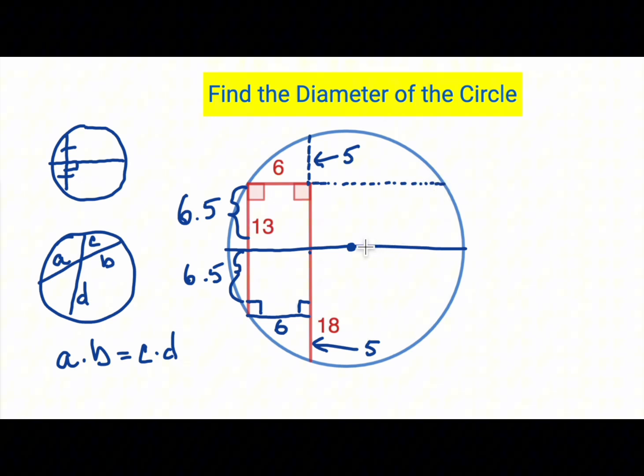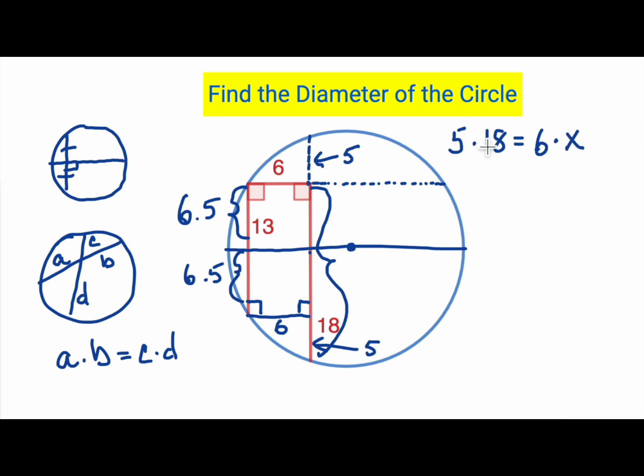And we know that this part here is 18. So 5 times 18 is going to be equal to 6 times this dotted segment here, which we'll call, in this case, x. 5 times 18 is going to be 90. 6x. X is equal to 15. So this part here is 15.